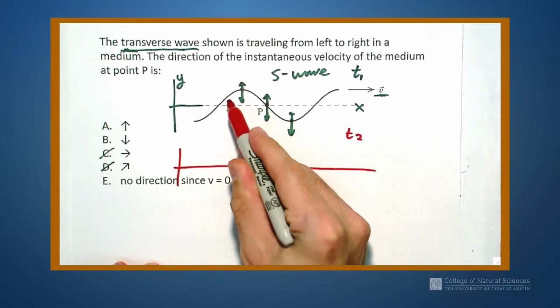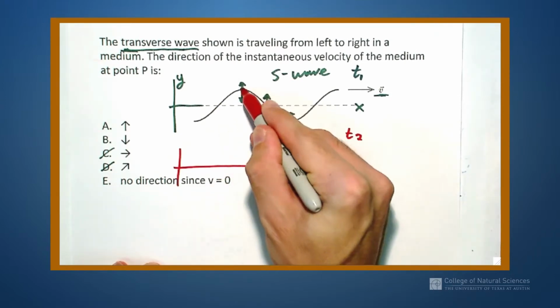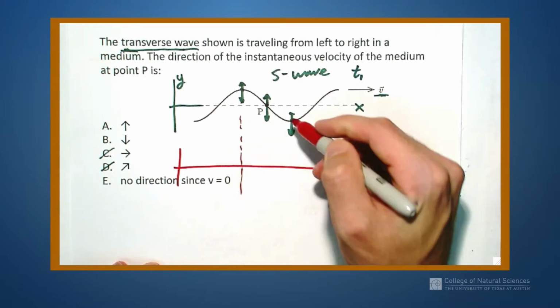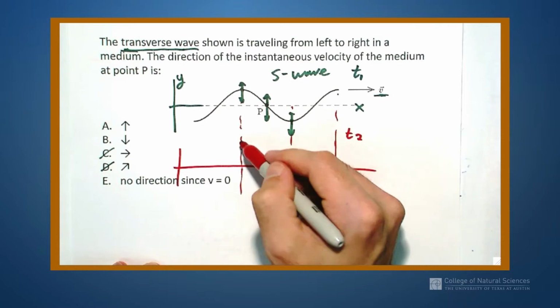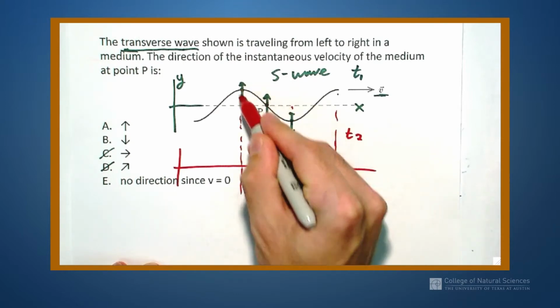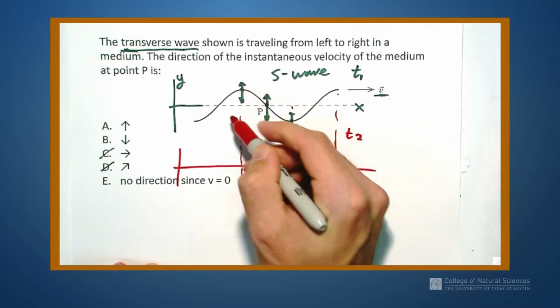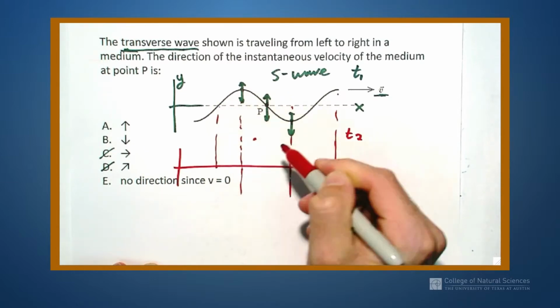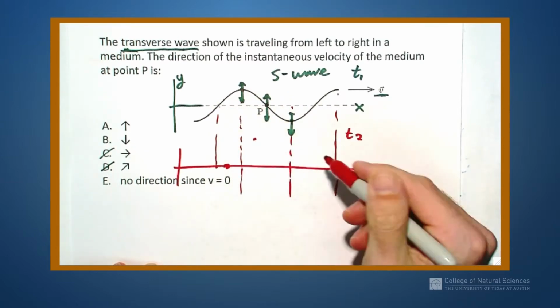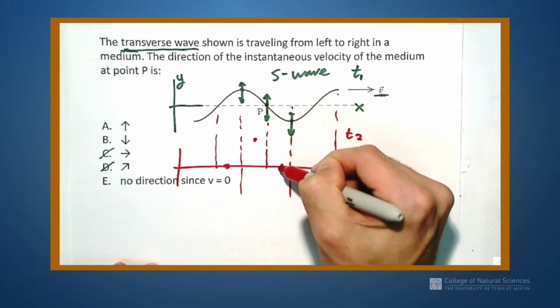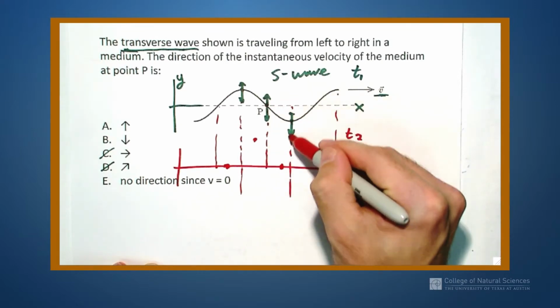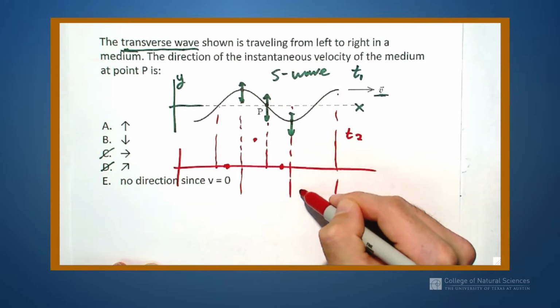So instead of this peak being here, this peak being here, these points are going to move a little bit. So this guy is going to move a little bit forward in the velocity. This 0 point is going to move a little bit forward. This 0 point is going to move a little bit forward. This point right here moves a little bit forward.